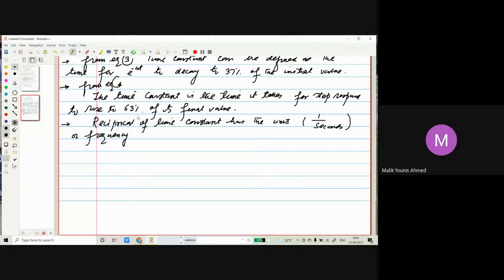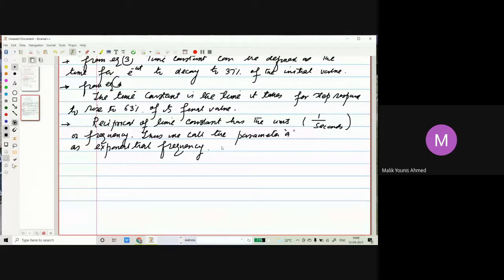Thus, we call the parameter A the exponential frequency. So it's very clear.